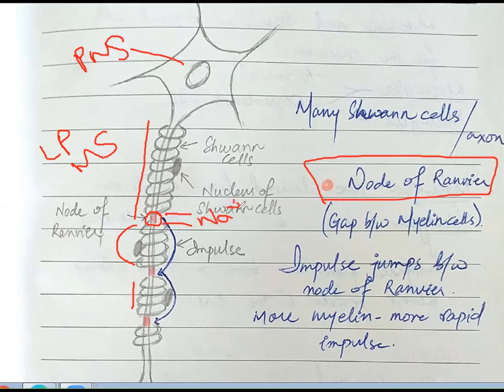So the conduction that jumps from here to here to here, this type of conduction is called saltatory conduction. You can write it in your notes. This conduction that jumps from one node of Ranvier to the other node of Ranvier is called saltatory conduction. Just remember this.